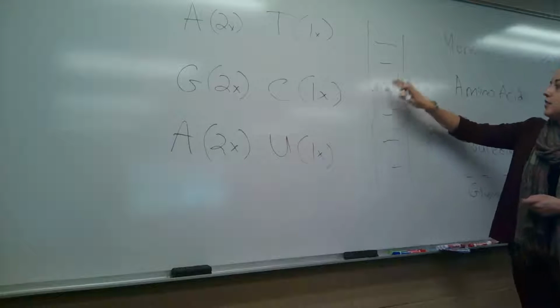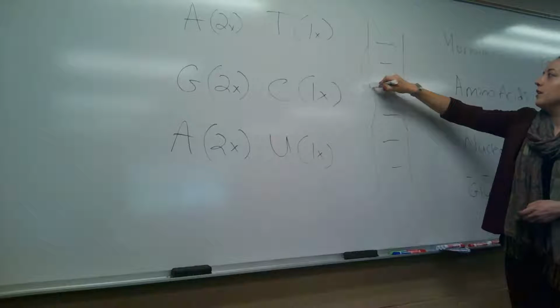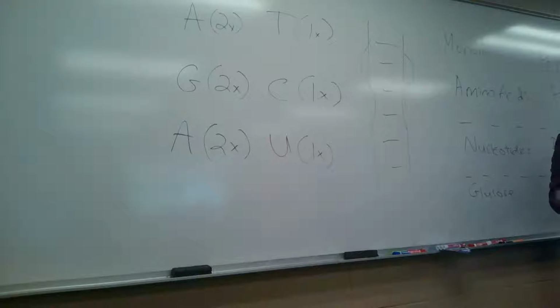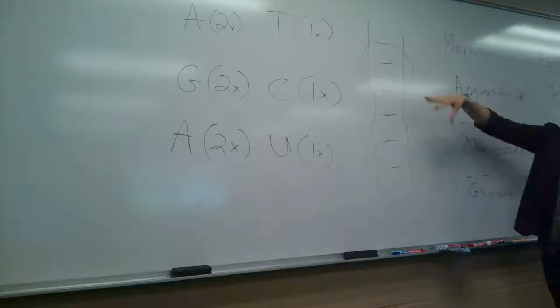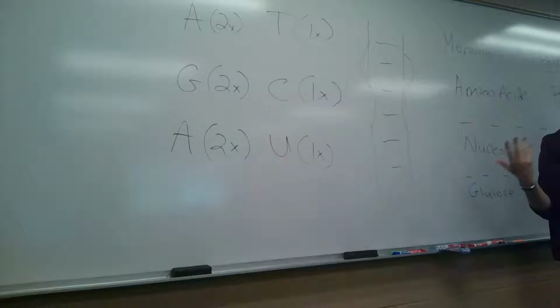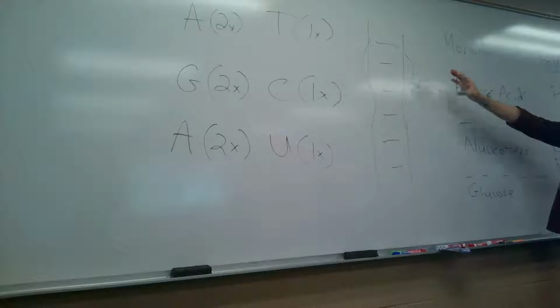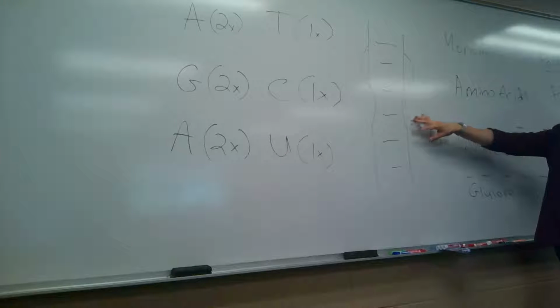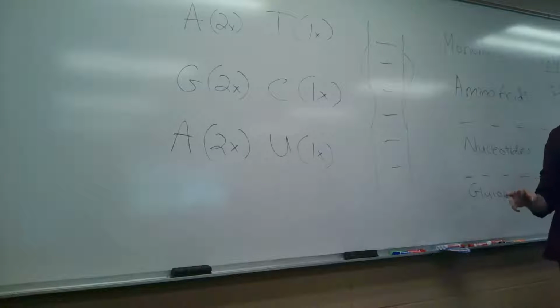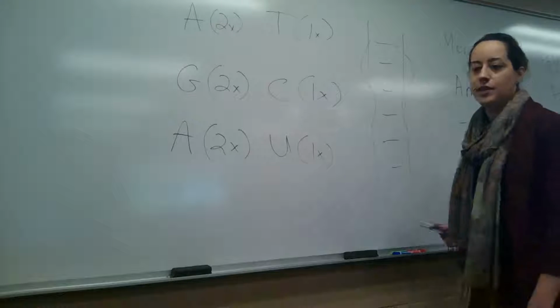And if we had a double ring with a double ring, then it would be wider. And this is what happens if we get some kind of mismatching, mutation, or the wrong nucleotide put in during DNA synthesis. Then this does alter the width of the DNA helix in that one specific spot. Otherwise, the width of the DNA helix should be consistent.